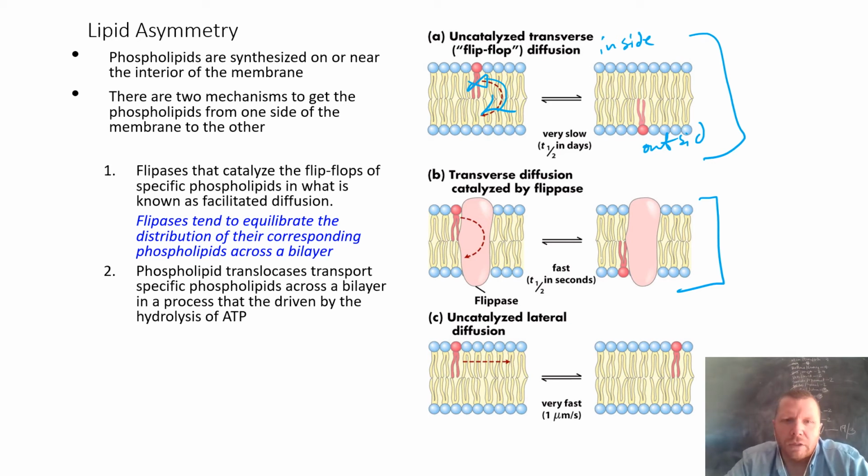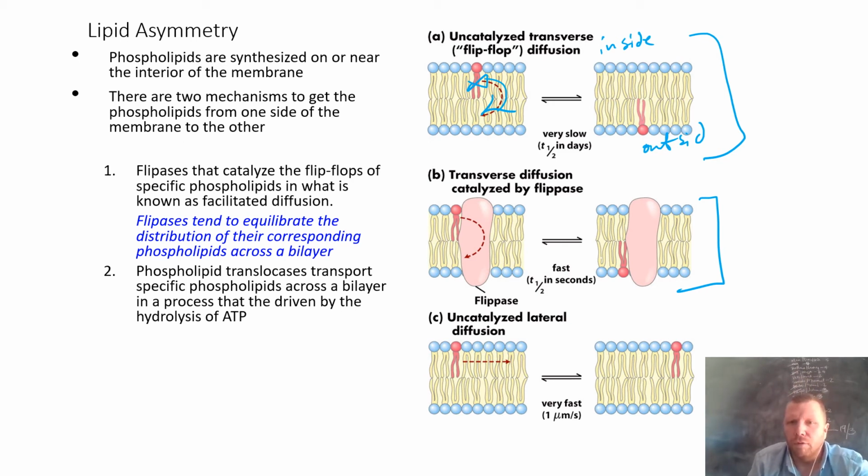Phospholipid translocases are able to transport specific phospholipids across a bilayer in a process that is driven by the hydrolysis of ATP. So to overcome that energy barrier, you're going to use something like ATP and break a phosphodiester bond, that high energy phosphodiester bond, in order to drive that.